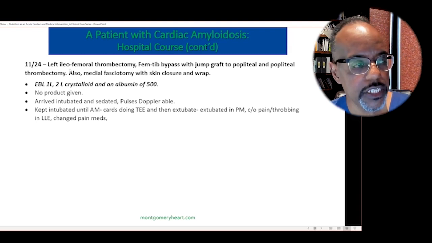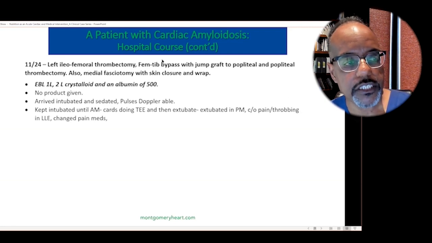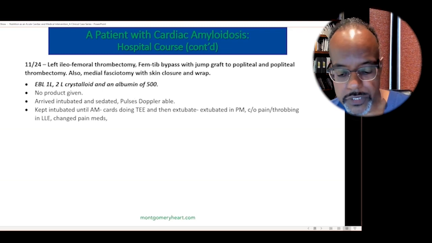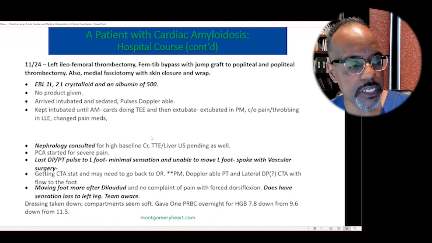What they did is went in and surgically removed the thrombus, or the clot. They saw some vessels that needed to be bypassed from the femoral to the tibial artery, with more clot being removed. So it was a pretty extensive surgery. He lost about 1 liter of blood, and had to have some crystalloid and albumin given. He wasn't transfused immediately at that time.